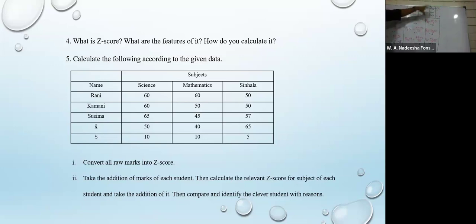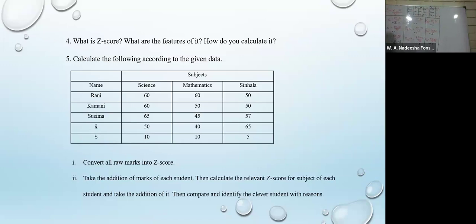So this Z mark means the performance only for the science paper. This is the performance for maths. Performance on Sinhala. So, according to the Z score, the clever student is Susima.